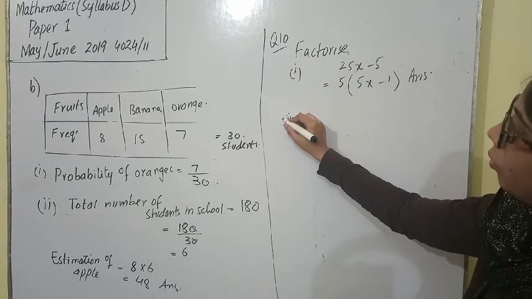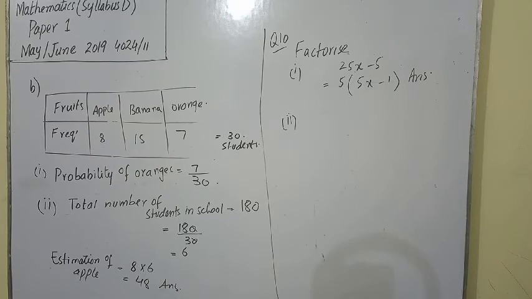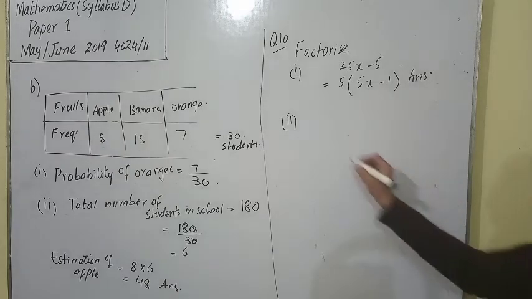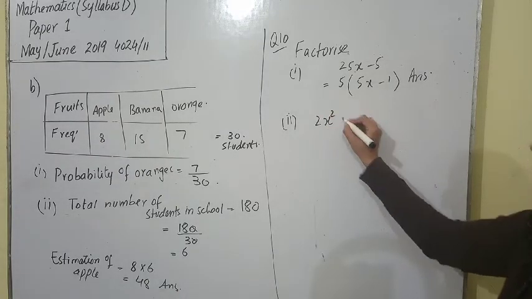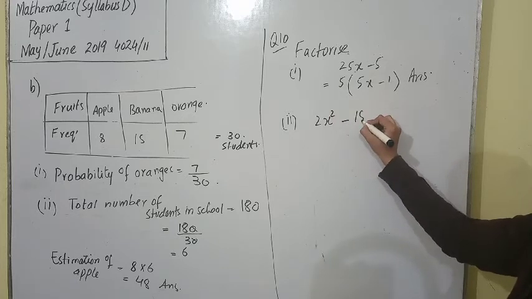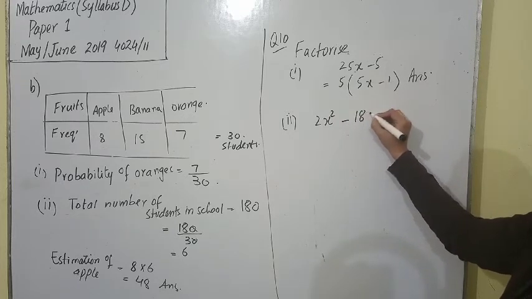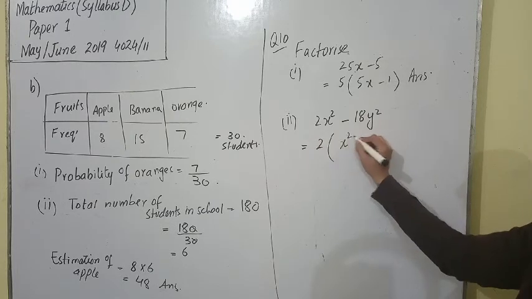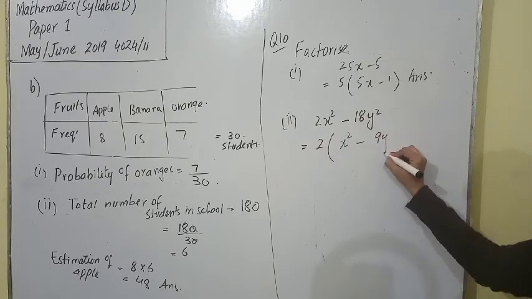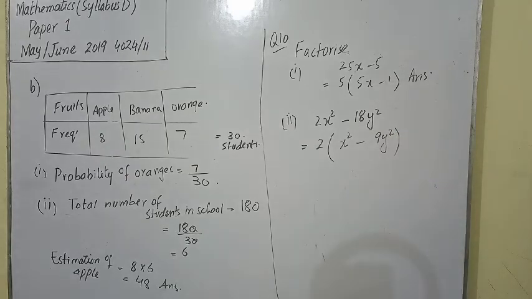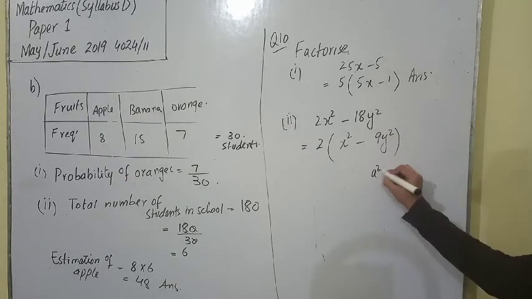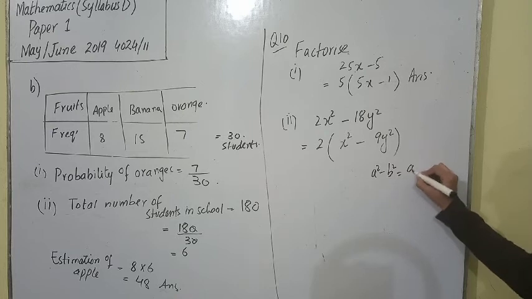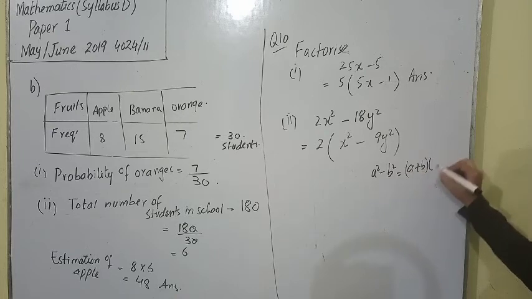Now come towards part number 2, in which the question given is 2x square minus 18y square. First of all we will take 2 as common, then x square minus 9y square is there. According to the third identity, a square minus b square is equal to (a plus b)(a minus b).